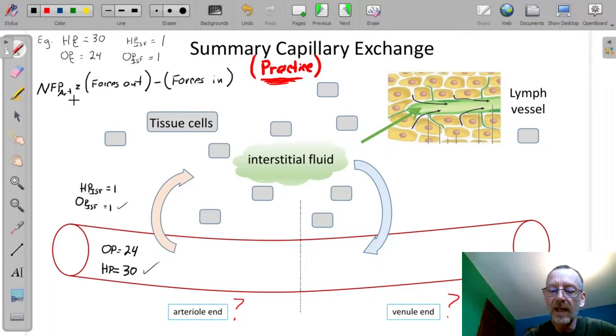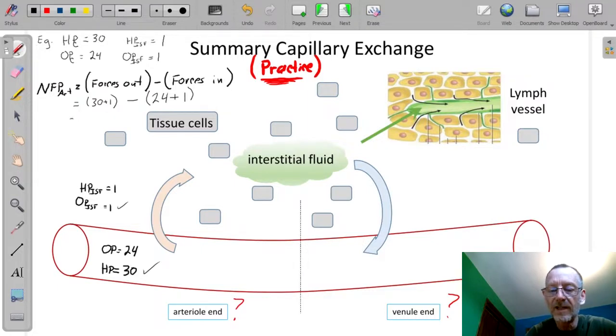So we have 30 plus 1 minus what's drawing the fluid back in: the osmotic pressure of the capillary, which is 24, plus any push from the hydrostatic fluid, which is also 1.